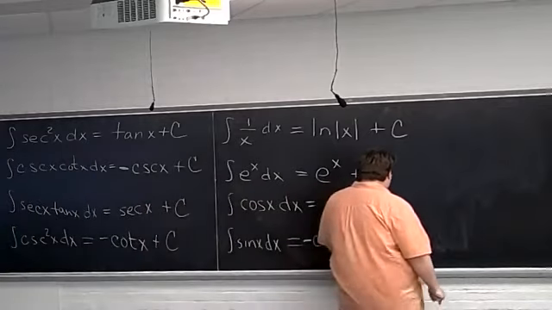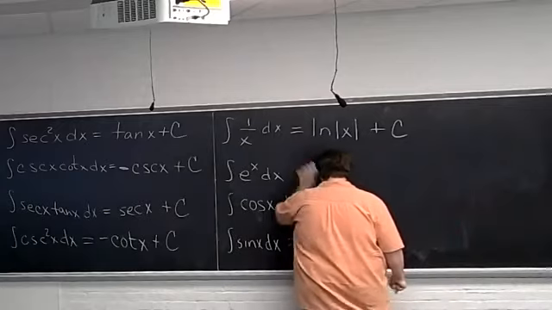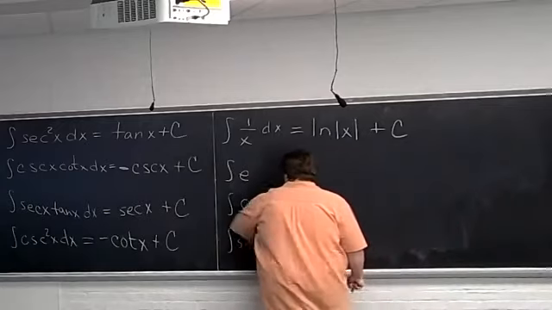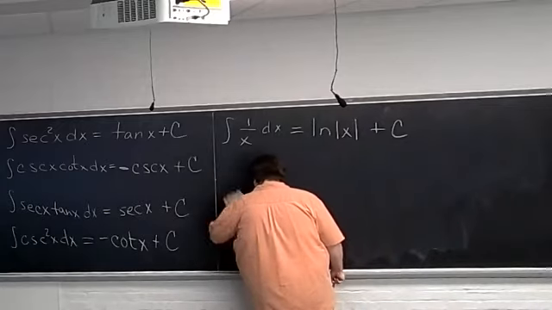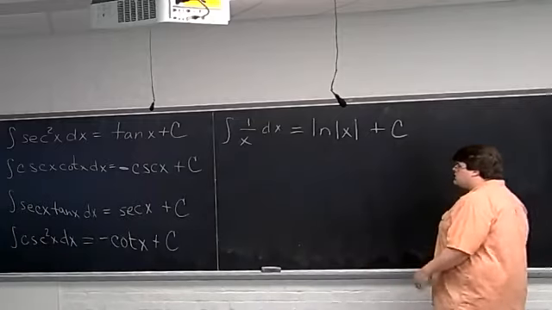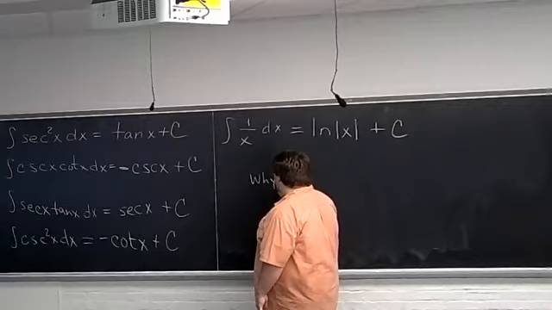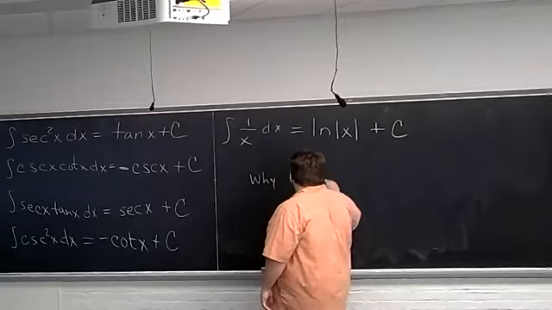So before doing some computations with these and discussing some properties of the integral, let's mention two things. One, why does this absolute value work? So I'll say why log absolute value of x.